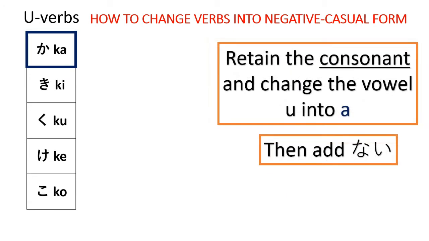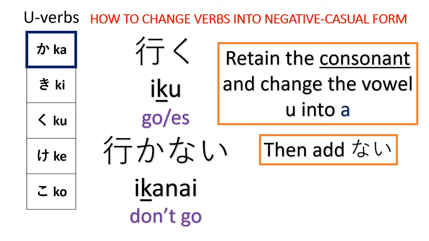Alright. Other examples, iku, go, I go, he goes. Again, retain the consonant K and change the vowel U into A. And it becomes ikanai. Don't go or doesn't go.